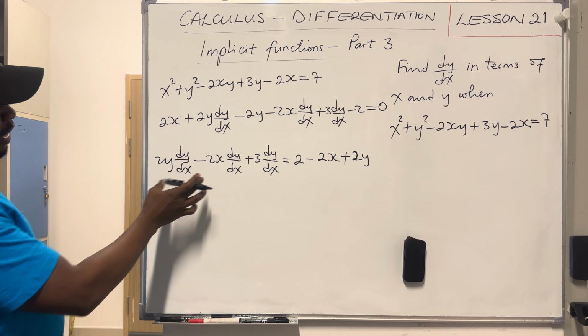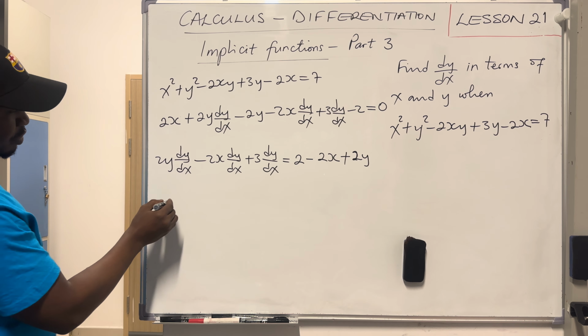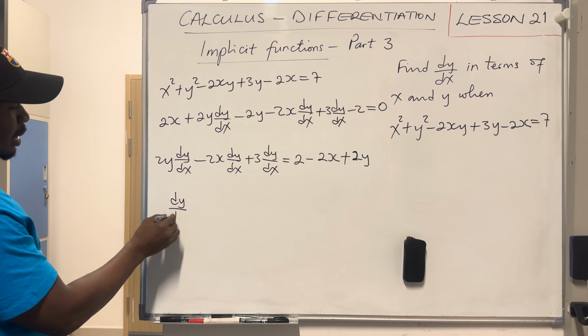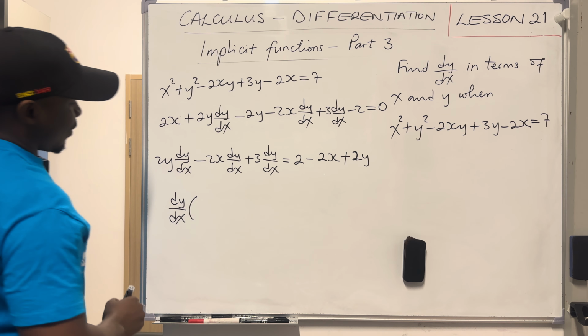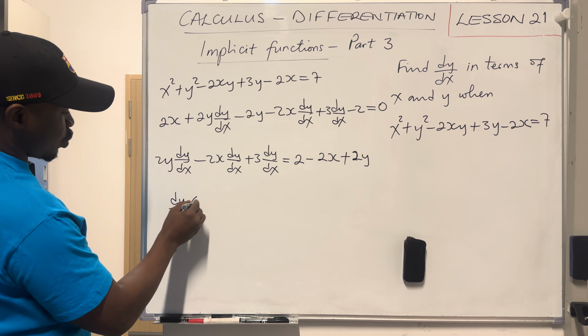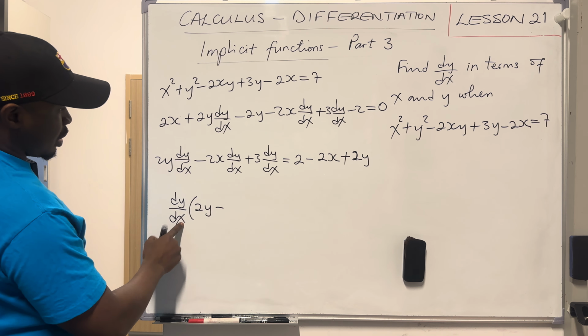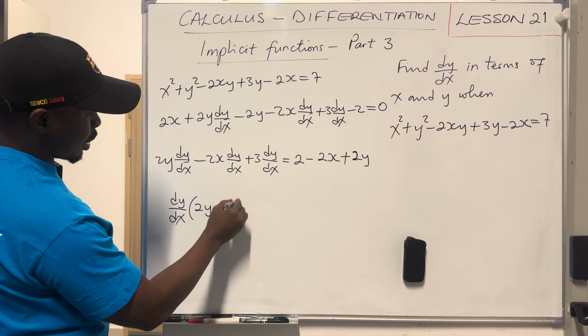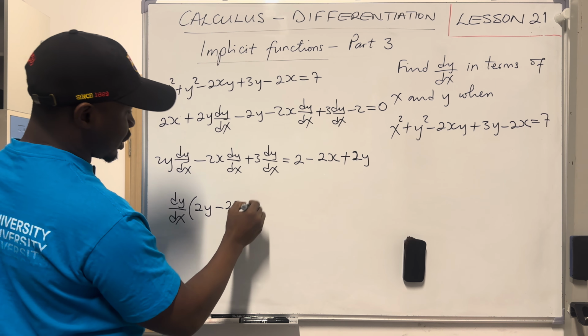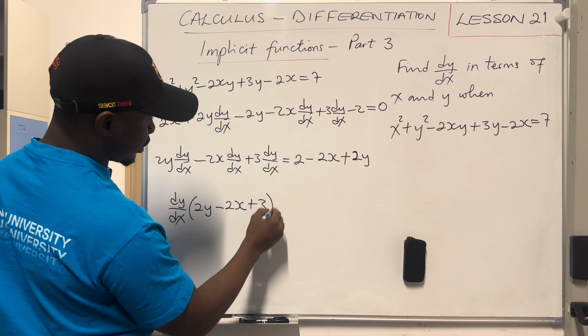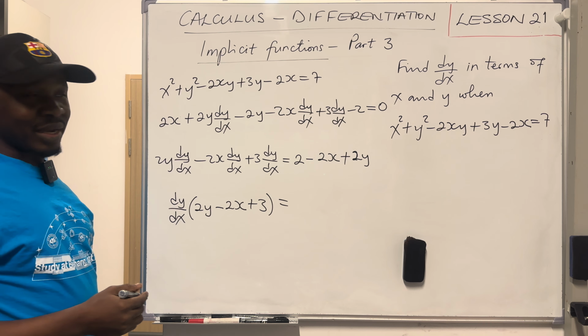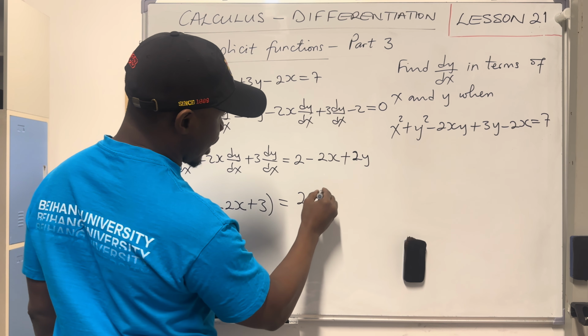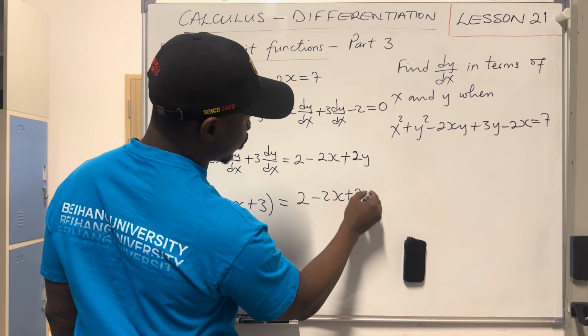This moves with positive sign, goes there with negative sign, goes there with positive sign. So we need dy dx. Okay, this takes away this leaving 2y. This takes away this leaving minus 2x. This takes away this leaving plus 3. We factor out dy dx, so 2y minus 2x plus 3.